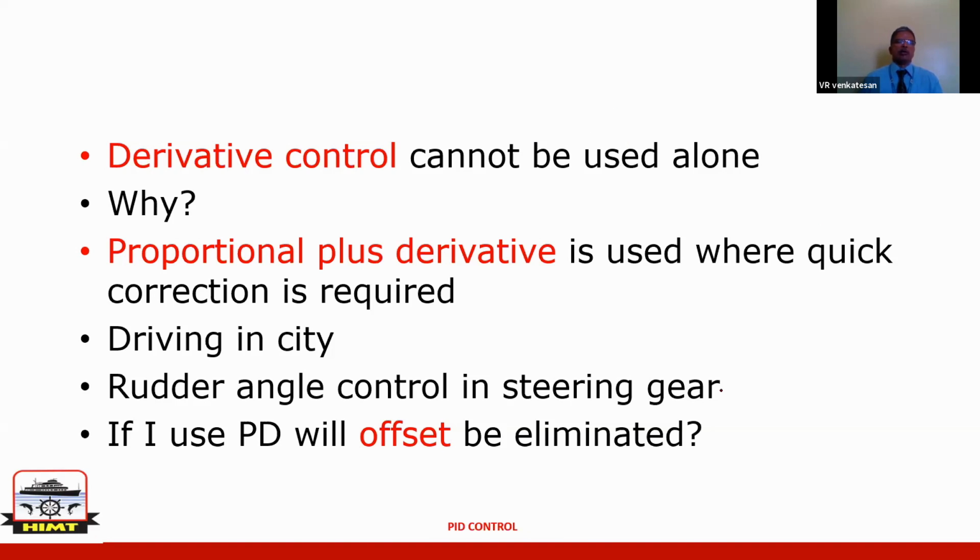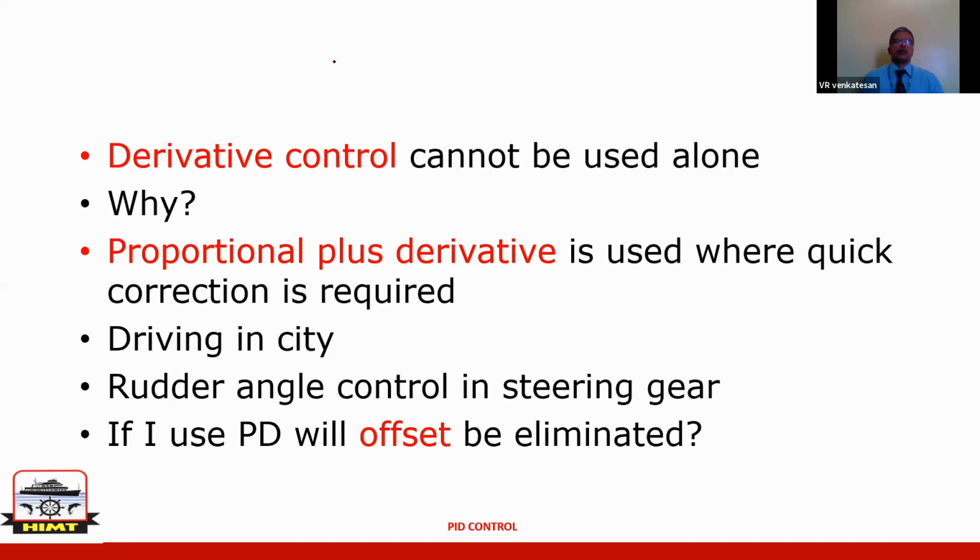Okay, so where will you use proportional plus derivative? It is where quick correction is required. Driving in a city is an example. Now, if you drive in a city, do you require integral control? What do you think? Will integral control be required if you are driving a vehicle inside a city?